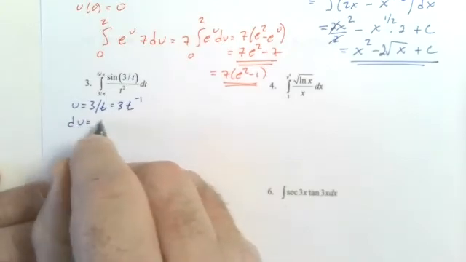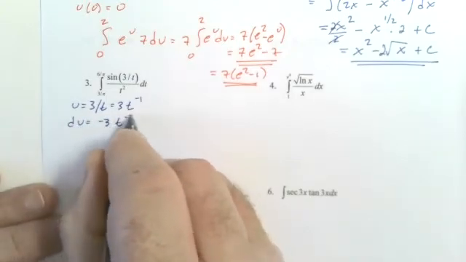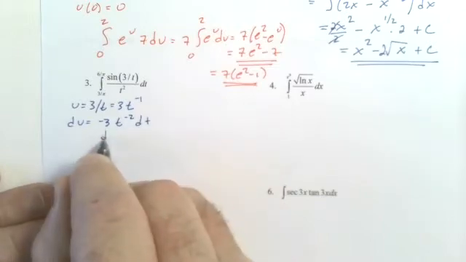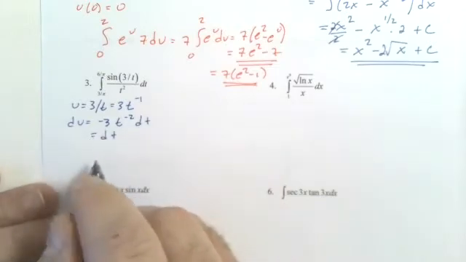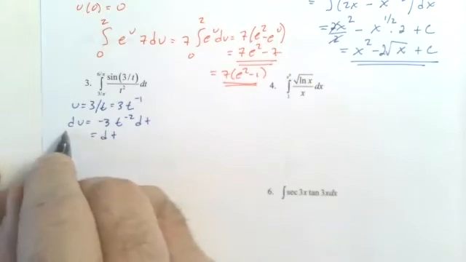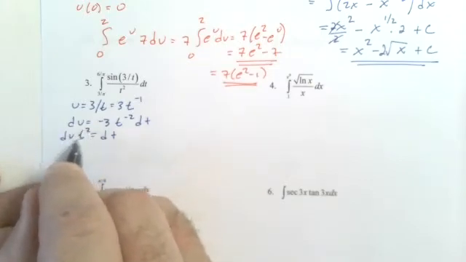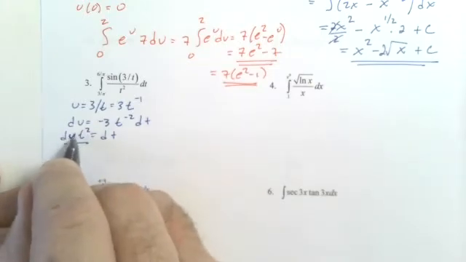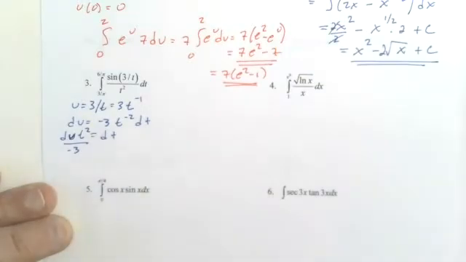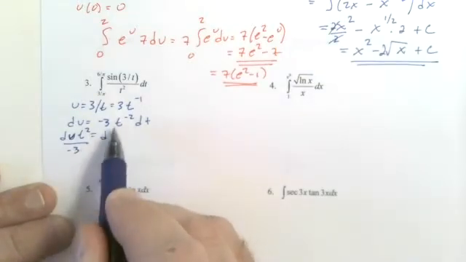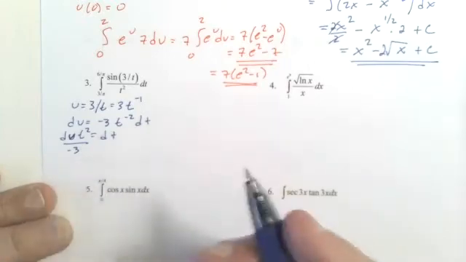Du equals negative 3t to the negative second dt. dt equals du t squared over negative 3. Hopefully I don't lose you when I do that. I divided by negative 3, 2 negative seconds on the bottom, so I throw it up top.